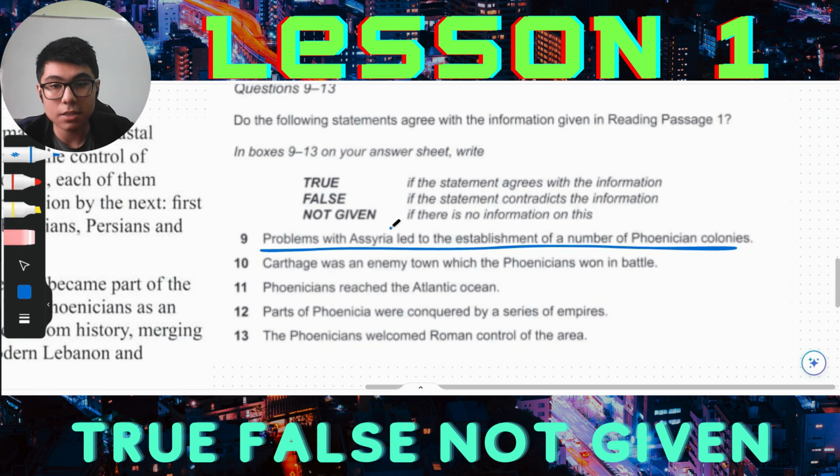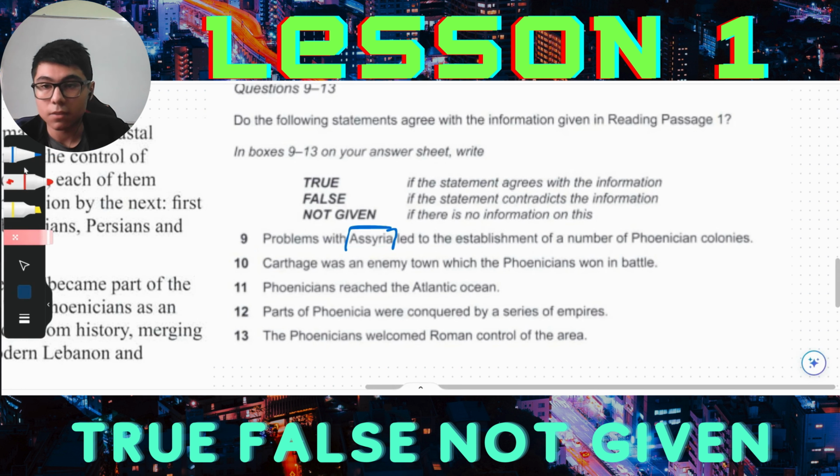Problems with Assyria. Here, Assyria is an unchangeable keyword. It cannot be paraphrased, and whenever I see it, it's gonna be easy to find the location. Led to the establishment of a number of Phoenician, I'm not sure if I'm spelling it correctly, colonies.